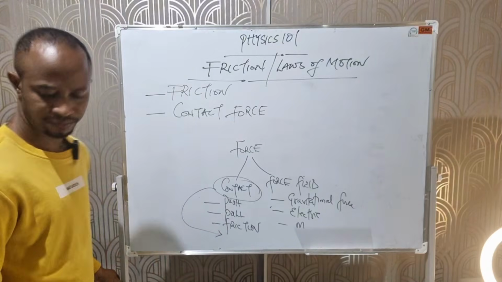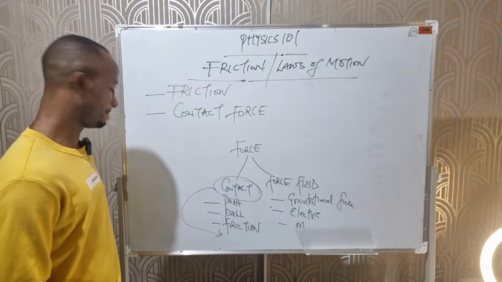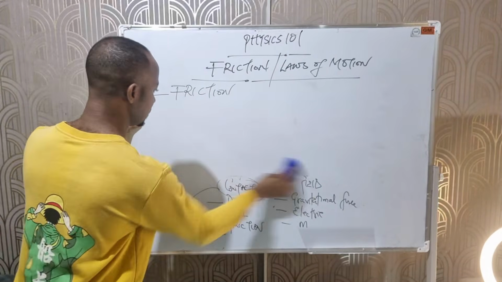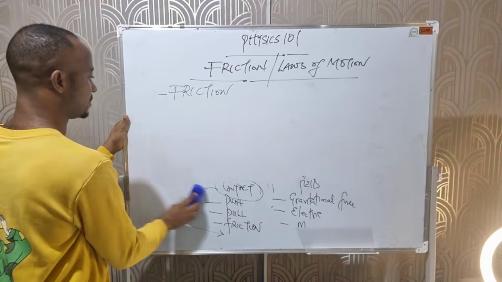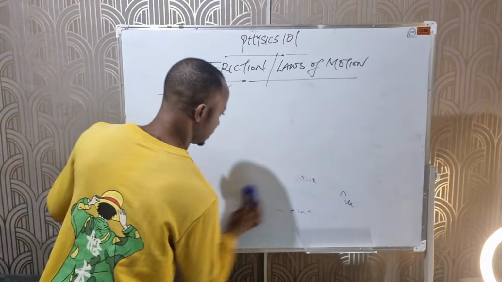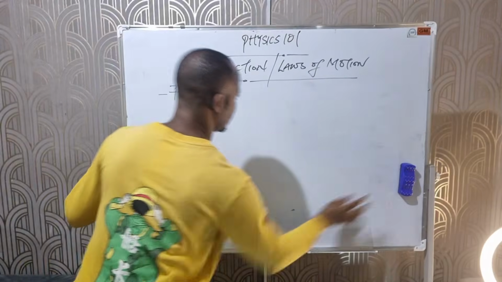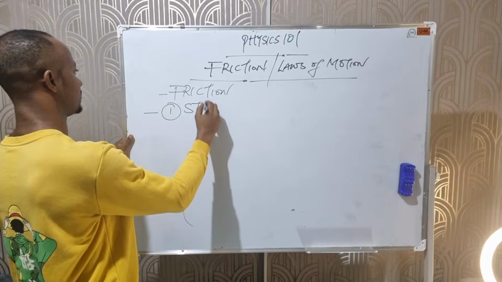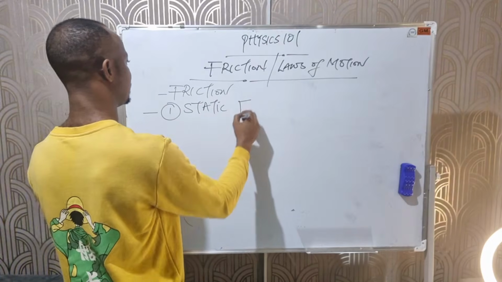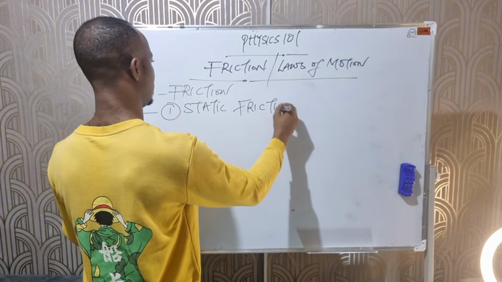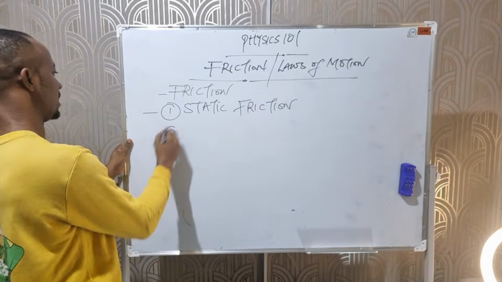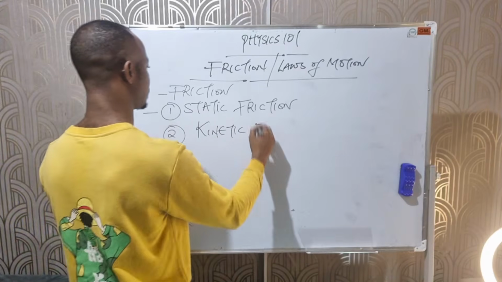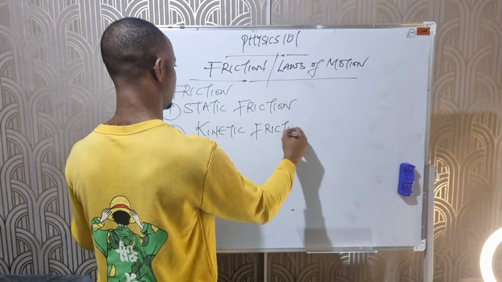All right, so we're going to look at the two types of friction. Friction is of two types. Number one, we have the static friction. Number two, we have what we call the kinetic friction.